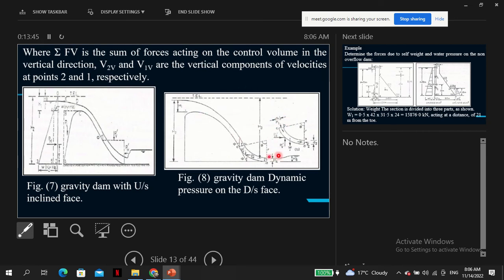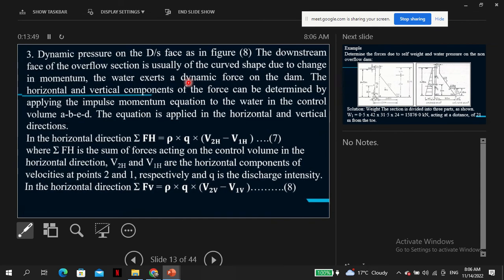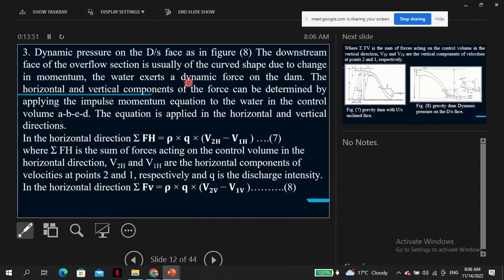The downstream face of the overflow section is usually of a curved shape due to change in momentum, and we want it curved so that we dissipate some energy, to avoid erosion, because you remember we talked about the exit velocity.